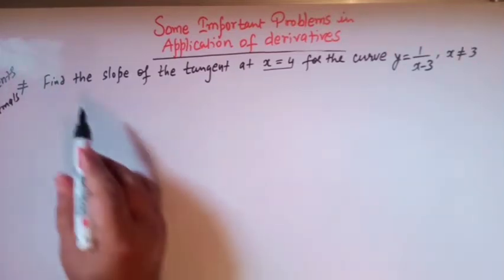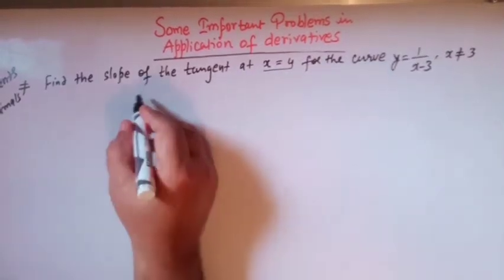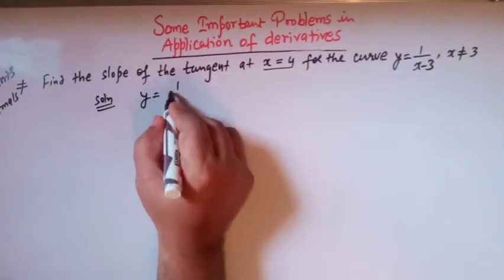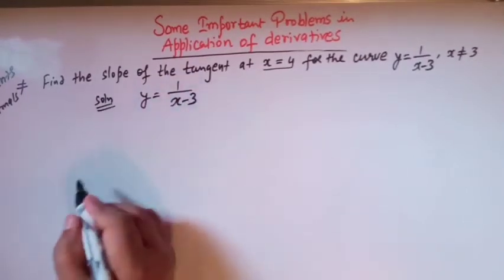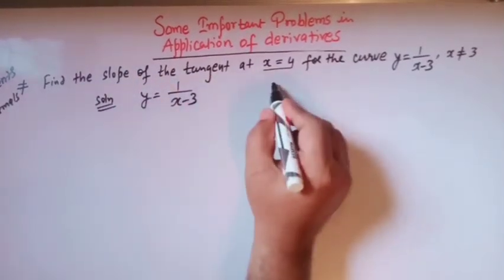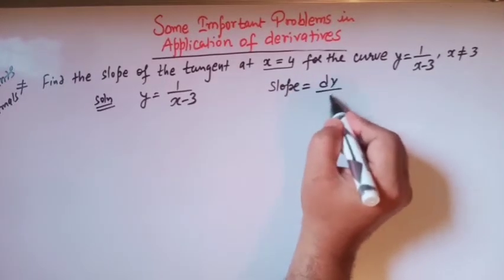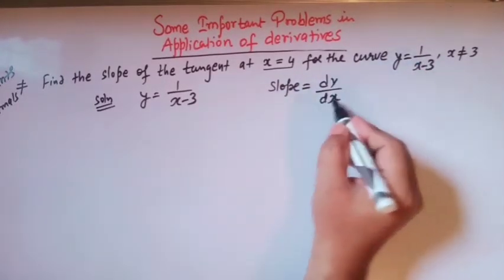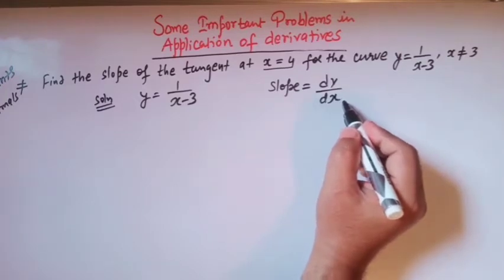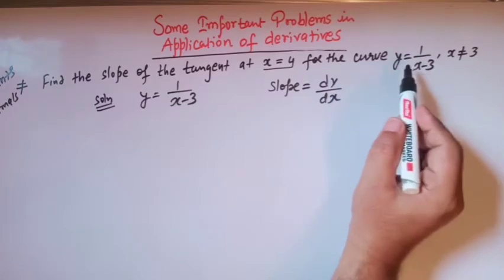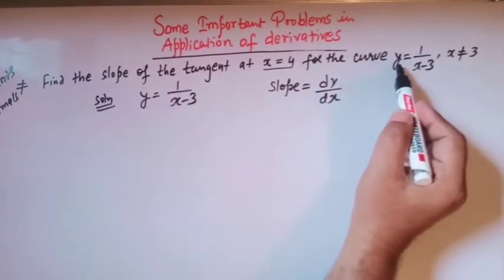So here's the equation of the curve: y is equal to 1 over x minus 3. So what is slope? We know that slope is given by the derivative of y with respect to x. So the important thing is to find the derivative.